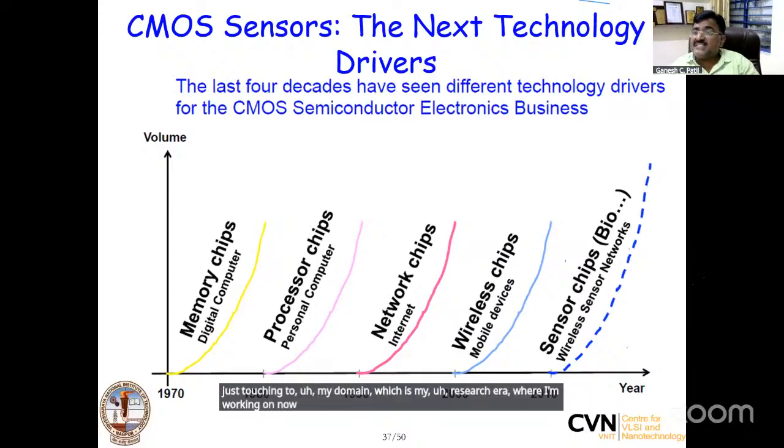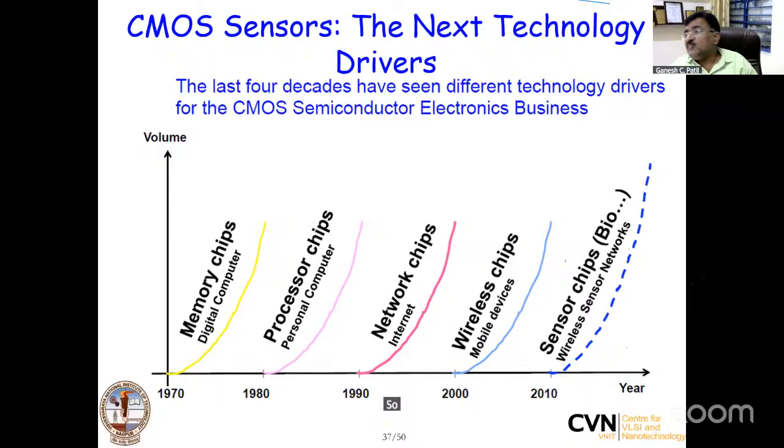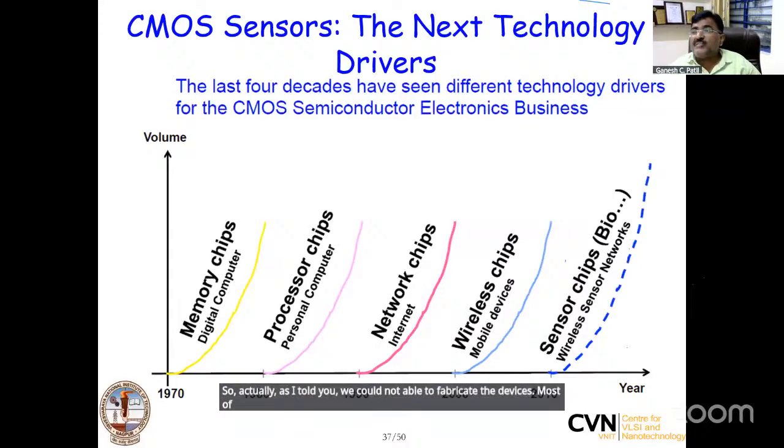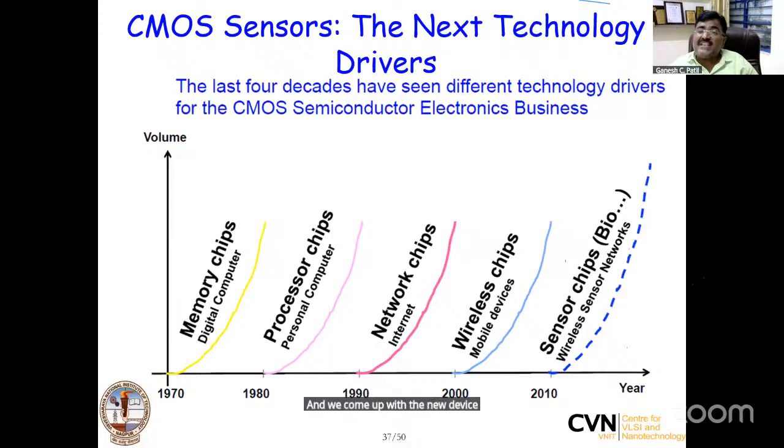These are the sensors. As I told you, we cannot fabricate the devices here. Most of the time, my students go to IIT Bombay, part of the IUNP at IIT Bombay, to fabricate the devices, and they characterize them here at VNIT Nagpur, and we come up with new devices and sensors as well.